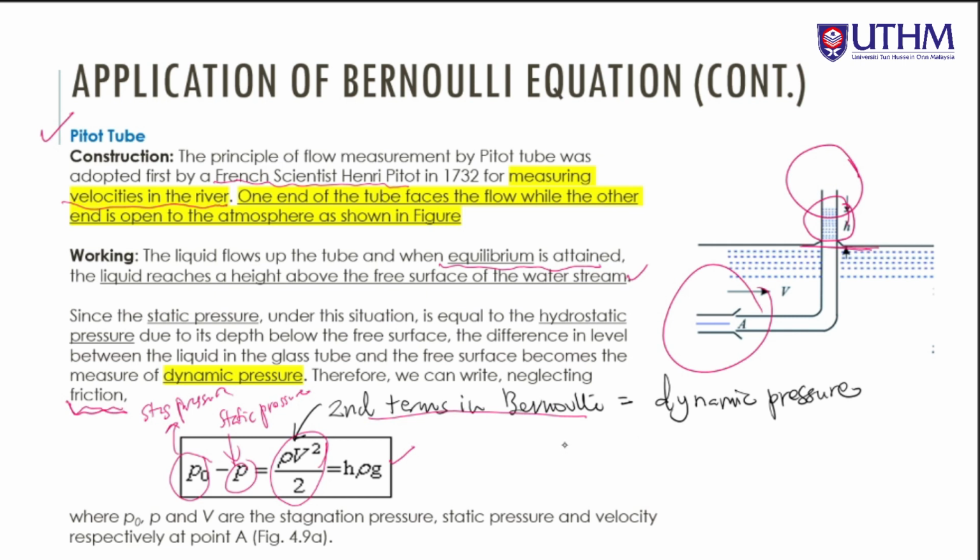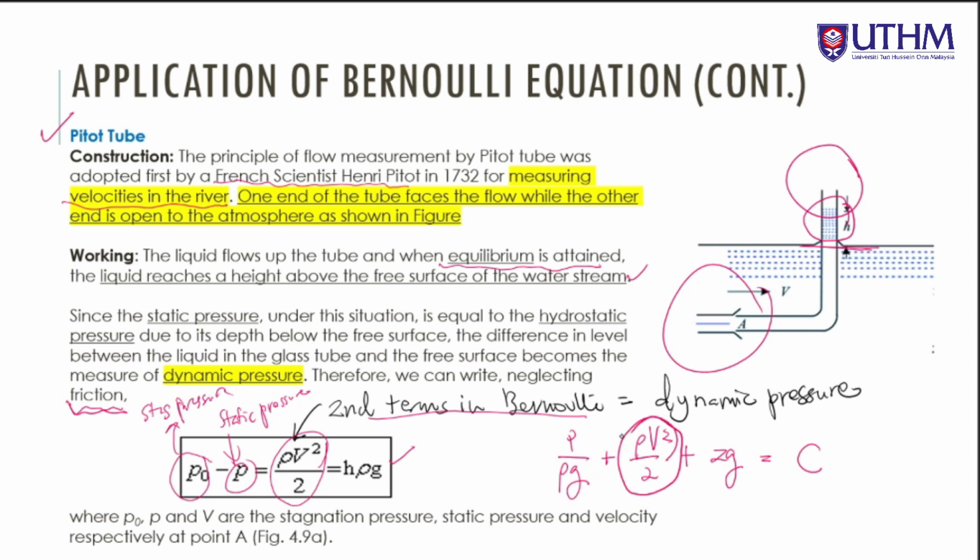Bernoulli equation apa? P over rho g, kan, plus rho V squared over 2 plus zg equals constant, kan. So untuk dynamic pressure kita hanya consider this part.